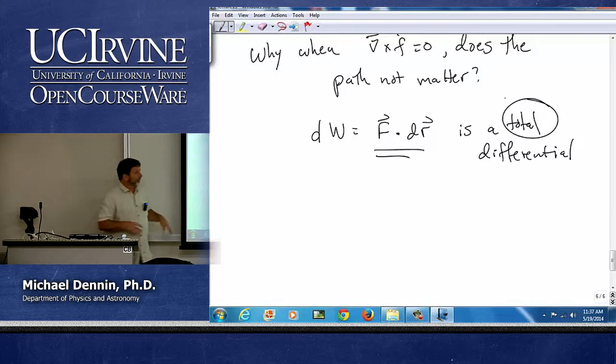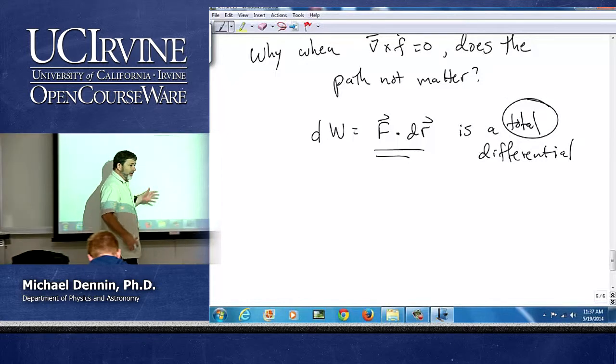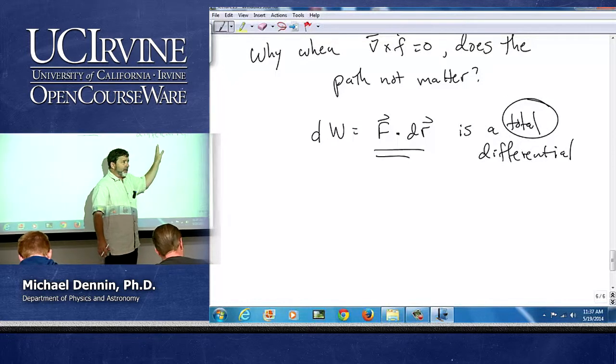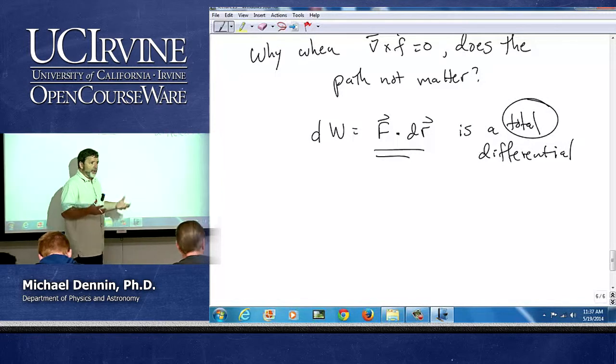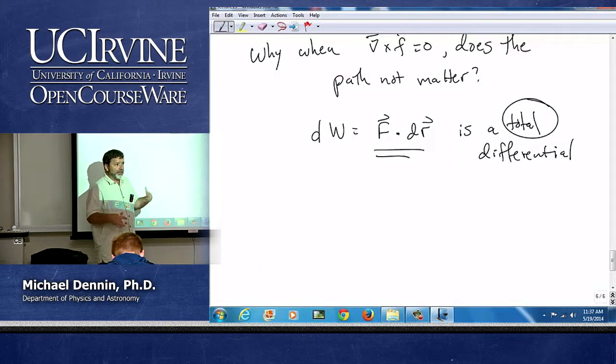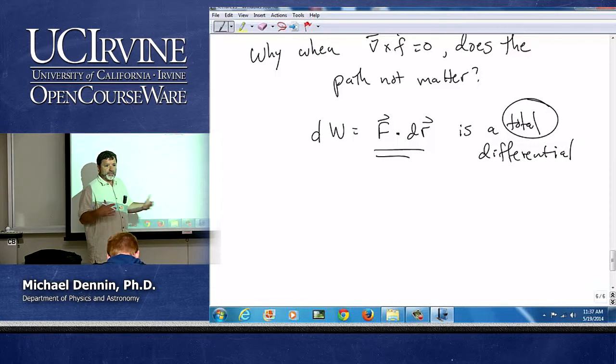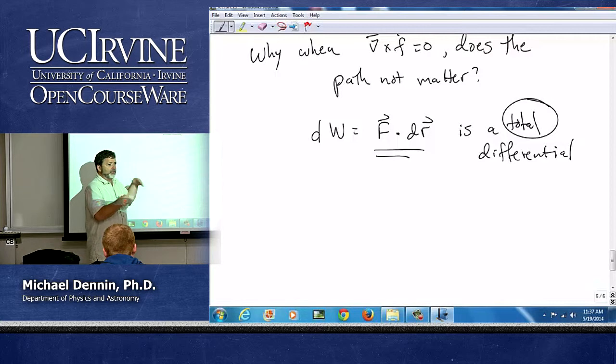I mentioned it to you. It's one of those math ideas that comes up a lot. It's particularly important in thermodynamics and stat mech, because when you do a thermodynamic problem and you're changing, say, entropy and energy, you find out the two of them separately are not total differentials, but the internal energy relation, dE minus TdS, becomes a total differential.